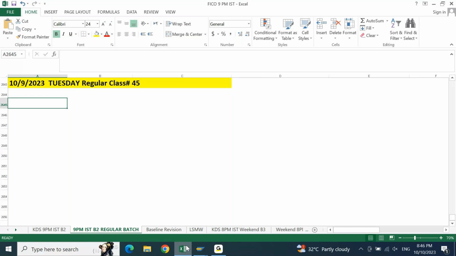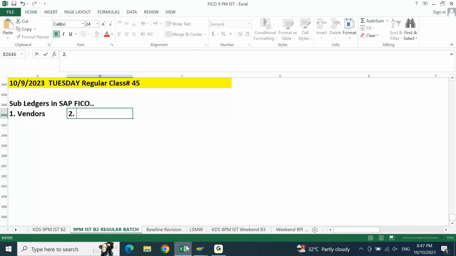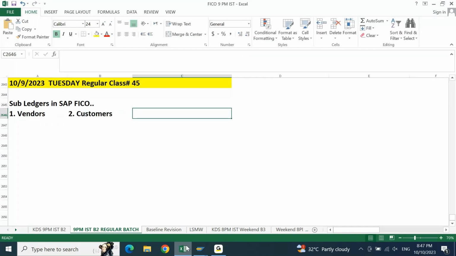Next thing, we need to slowly start understanding the subledgers in SAP FICO. Normally, we have three subledgers in SAP FICO. One is your vendors, second is your customers, third is your fixed assets.